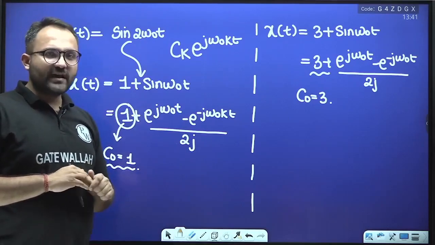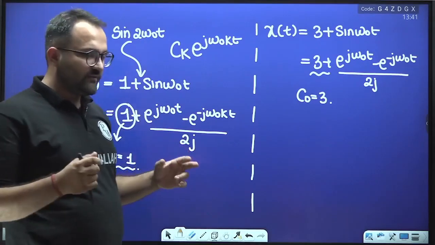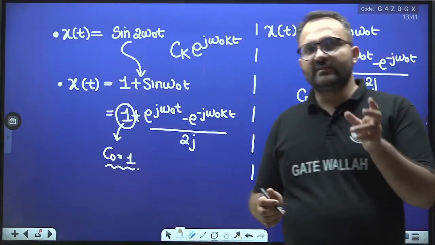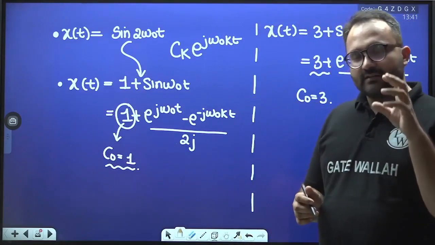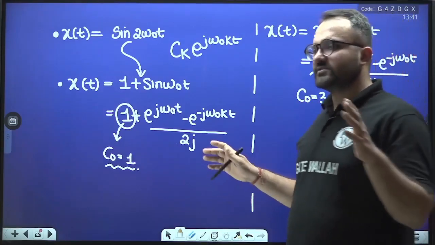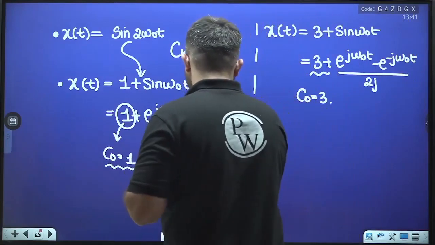So we can say that whenever we add a DC term to a signal, only its C0, the Fourier series coefficient at k equal to 0, will change, rest all the coefficients will remain unchanged.